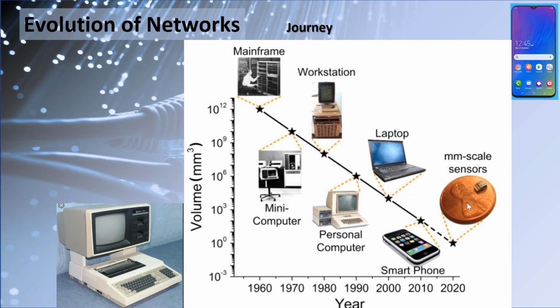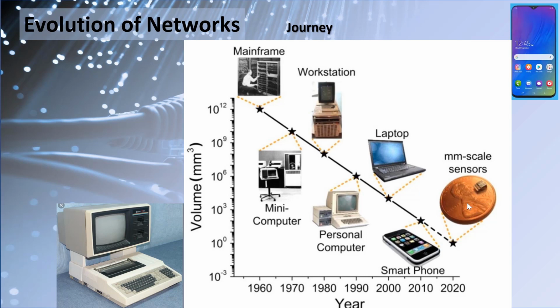Even a 5 or 6 inch mobile phone or tablet would have around 6 GB of RAM, and this is a huge difference. So that's how the network technologies evolved in the last 40 years.